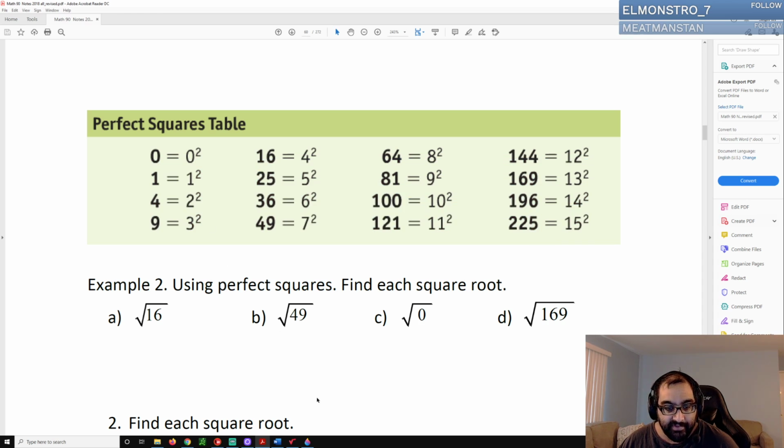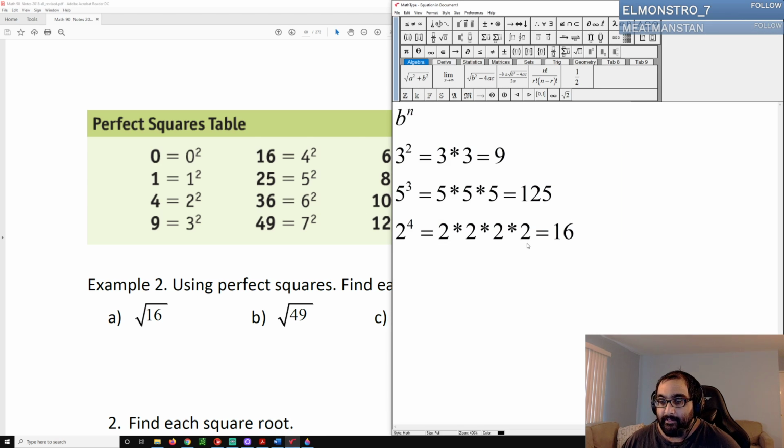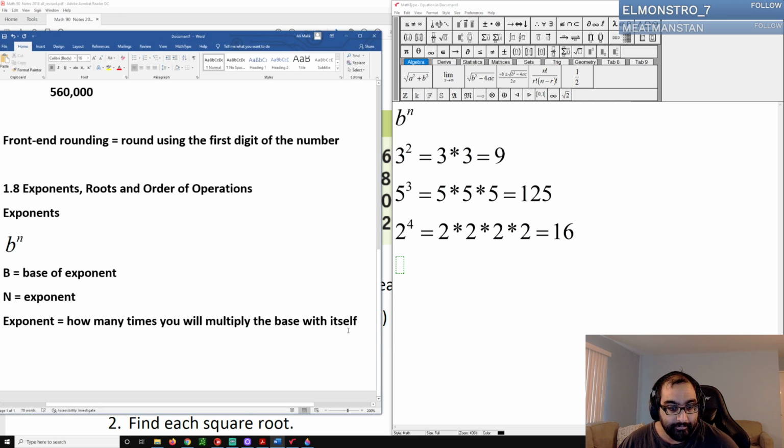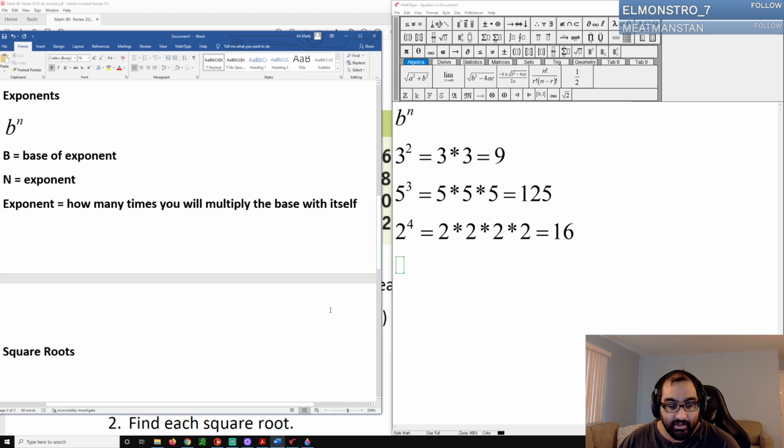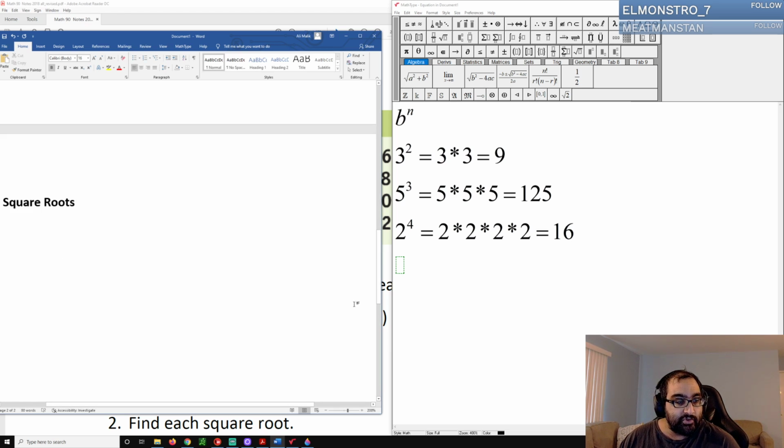All right. In any case, let's talk about how we can evaluate square roots and exactly what we're working with. Okay. So I need to bring this up here. And I'll bring that up there. So let's talk about the key behind square roots.